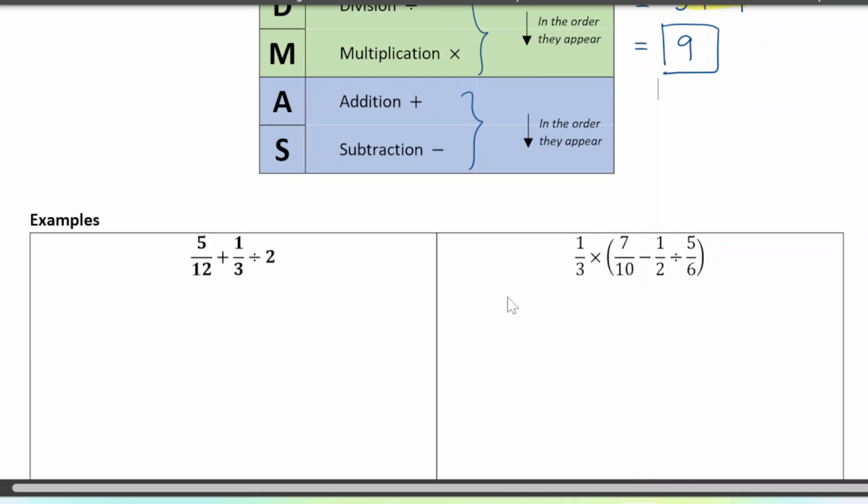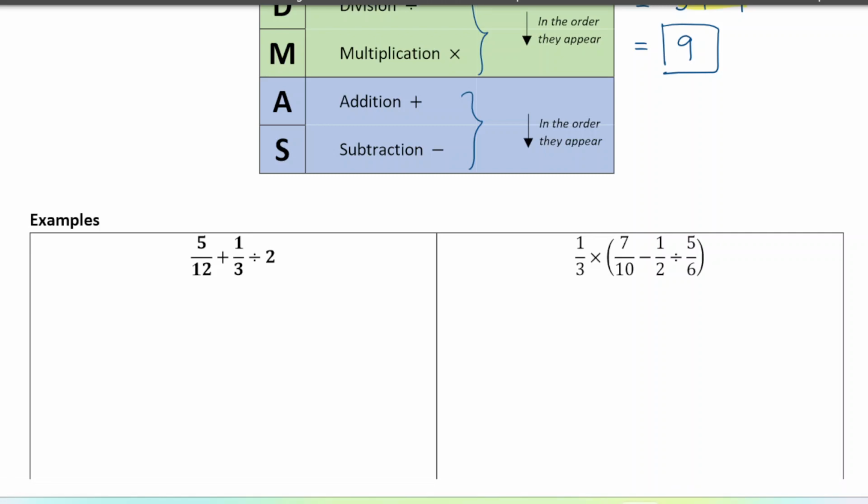First example here: 5 over 12 plus 1 over 3 divided by 2. We have two operations here, addition and division, and we want to do the division first because that comes first in the order of operations. Remember with division we do keep, change, flip. What's really important is that we write out everything every single time.